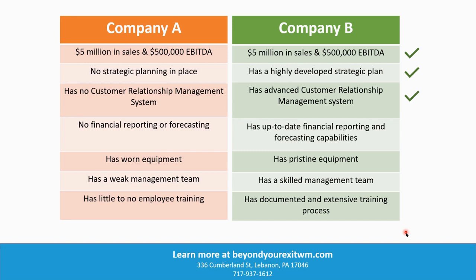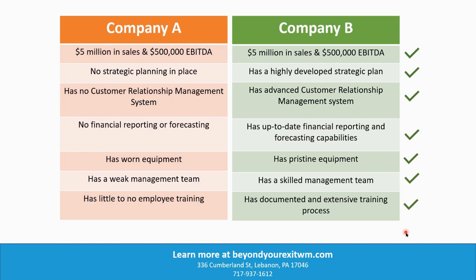Company A has no financial reporting or forecasting, and Company B has up to date financial reporting and forecasting capabilities. Again, Company A, they have worn equipment, they have a weak management team, little to no employee training, when Company B has pristine equipment, a skilled management team, and a documented and extensive training process.